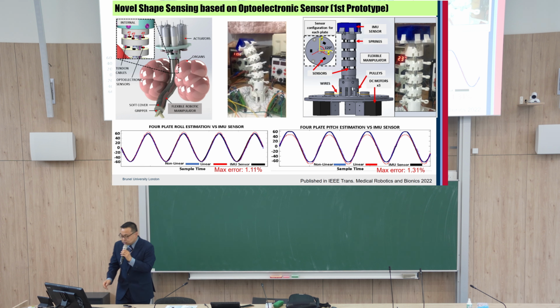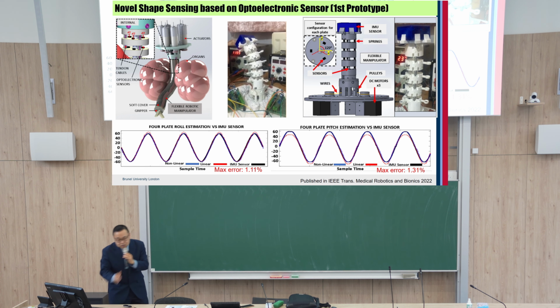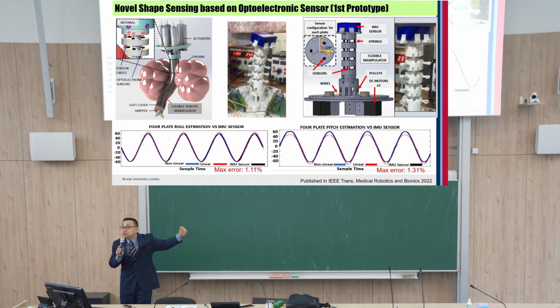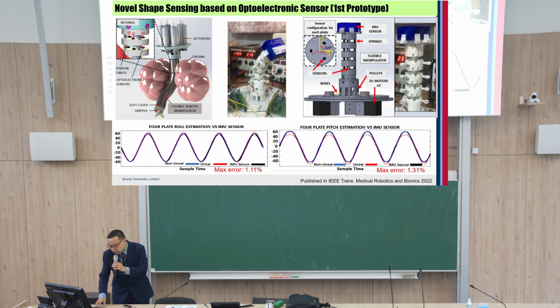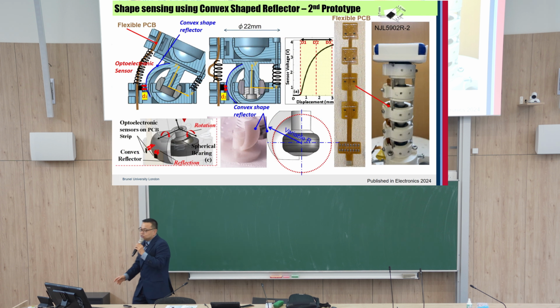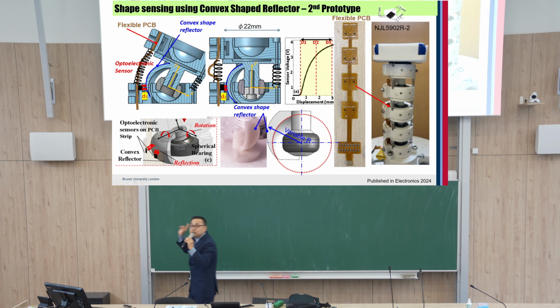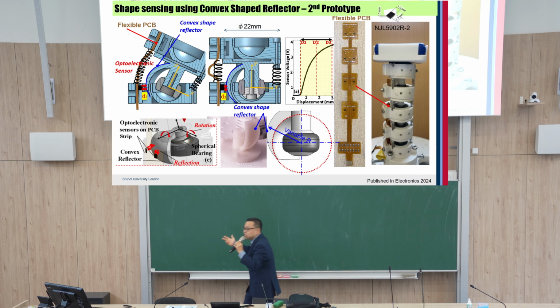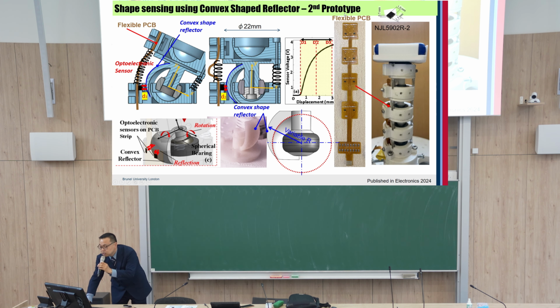So for that reason, we removed all this electrical wire cable. We used a flexible circuit, right? Flexible PCB, okay? You can see here, this one is an optoelectronic sensor, 2, and then here.